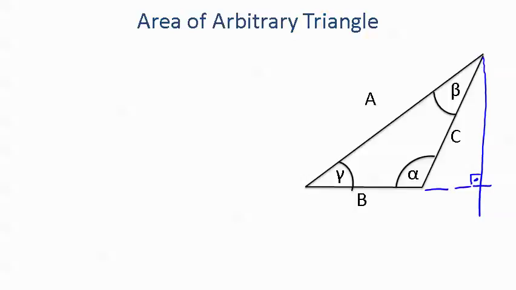So here we have the original triangle, let's call it T. We have the triangle given by the blue dots, let's call it T blue.